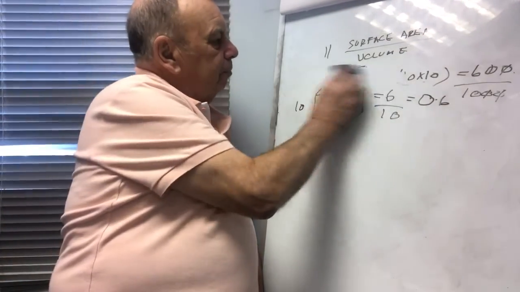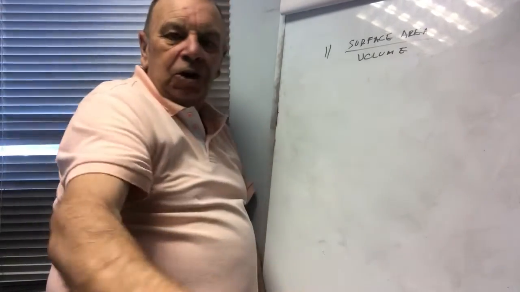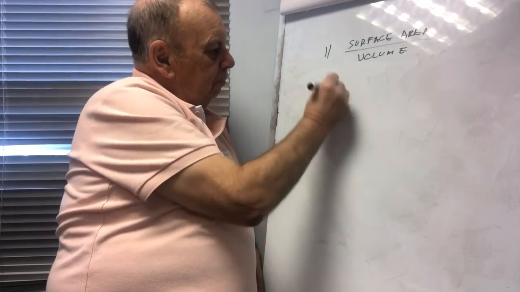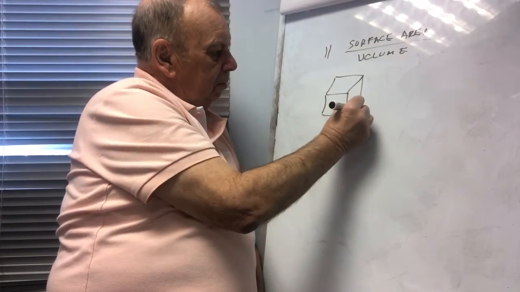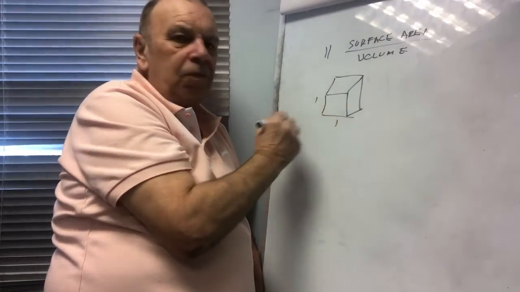Let's now take a smaller cube, 10 times smaller. There it is. And this time, instead of being 10 by 10, it's 1 by 1.